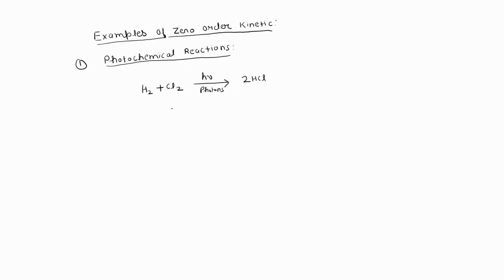Experimentally, for only this reaction, not this type of reaction, only this reaction, that is H2 plus Cl2 in presence of light gives HCl, the rate is found to be rate is equal to k [H2] to the power 0 [Cl2] to the power 0. It means rate is equal to k, which is a zero order reaction.